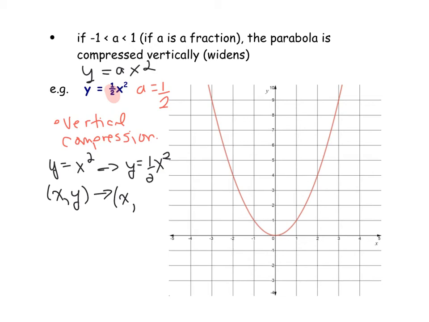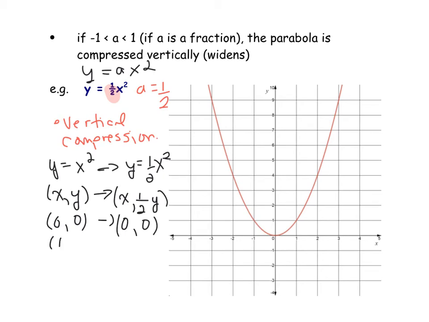And so every y value is going to get multiplied by 1/2 or divided by 2. I'm going to start with 0 and 0, and that's going to stay as 0, 0. Notice my vertex is not changing with a compression or a stretch.